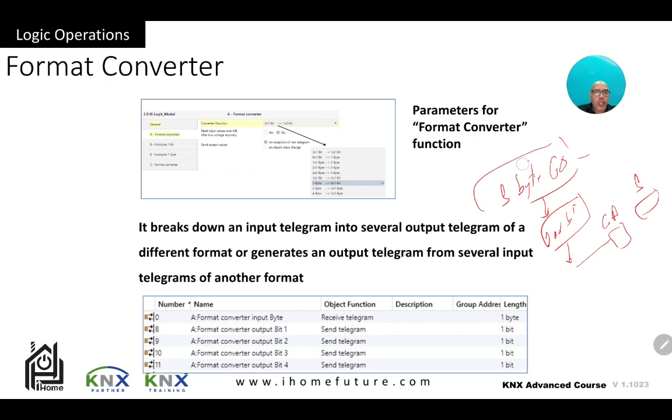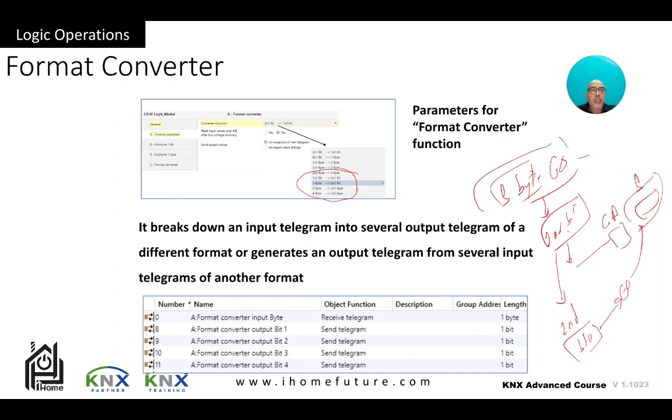So I take my input as the 1 byte, okay, and then I specify here that the format converter will depend on the second bit. So the logic gate will take the 1 byte, strip it all, only keep the value of the second bit, is it 1 or 0, takes this value in another group object for me, and then this one I will use in the group address with the other 1 bit, because as you recall, in the group address you cannot put different sizes together, so it will be the same size.